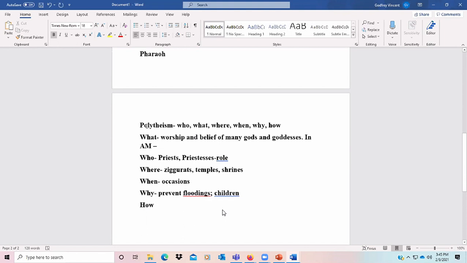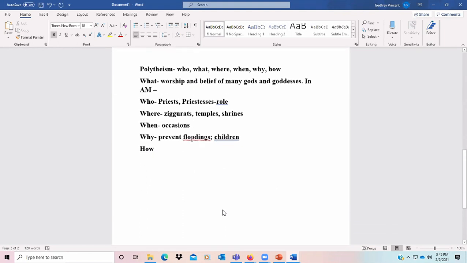Right? Under each definition, this is what Dr. Vincent is looking for. So let's say for the midterm, I'm trying to get to chapter 5. That's my goal.